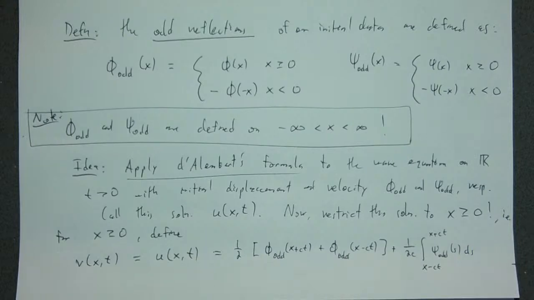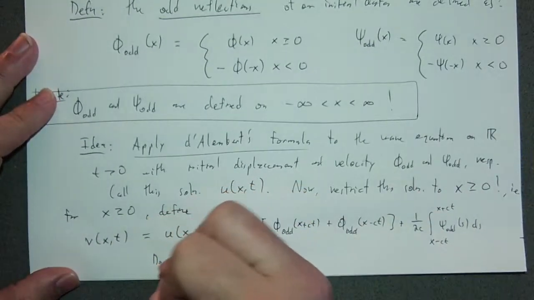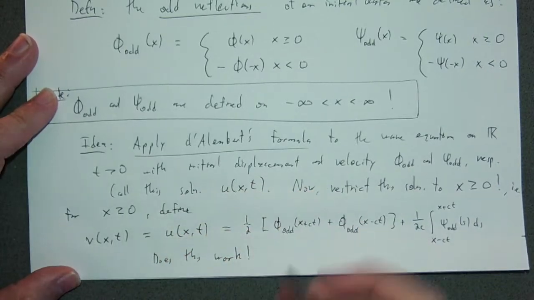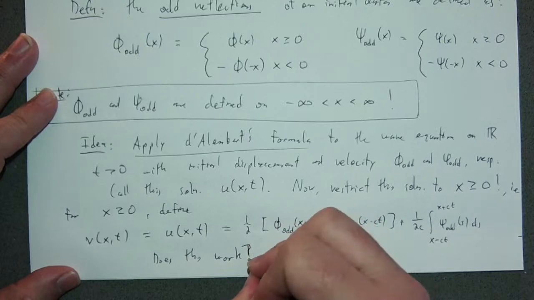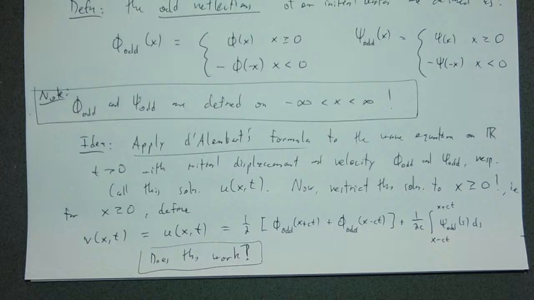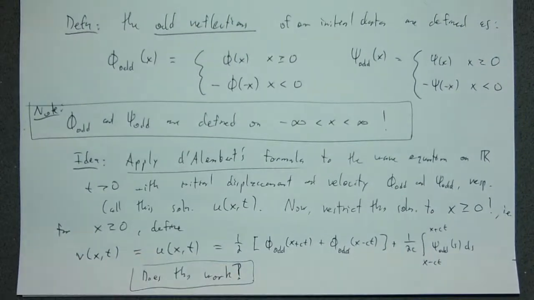So the question is, does this work, right? I guess I should ask the question, does this work, rather than shouting at you whether or not it works. You can check that it satisfies the PDE.